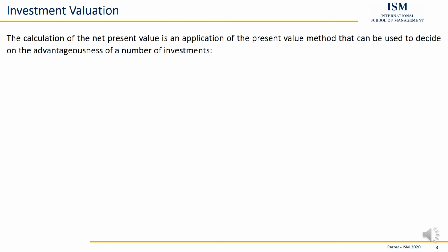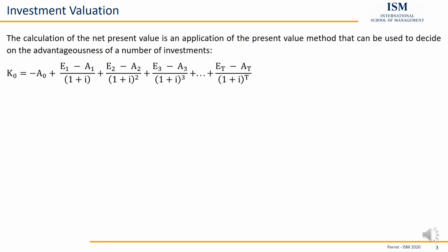Mathematically speaking, we calculate the net present value by first off considering the investment costs. Here the investment costs are negative because, well, they're costs. And then for each period, I consider the profits in this particular period.